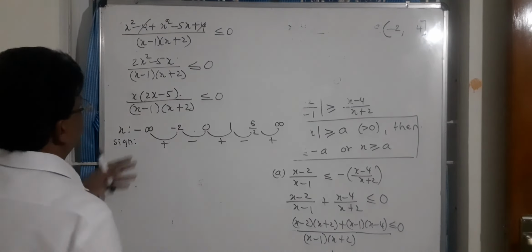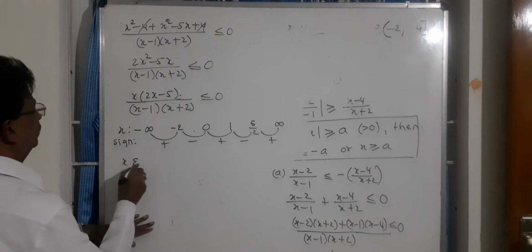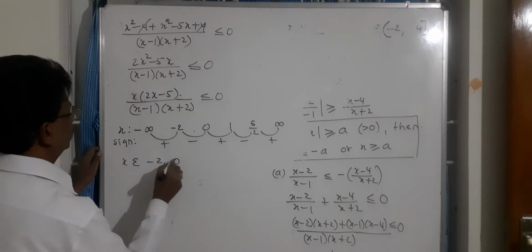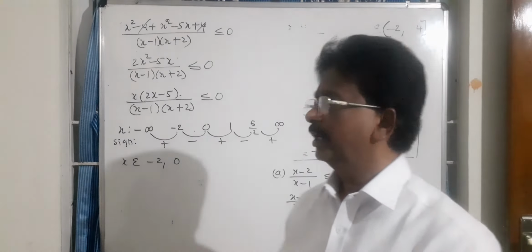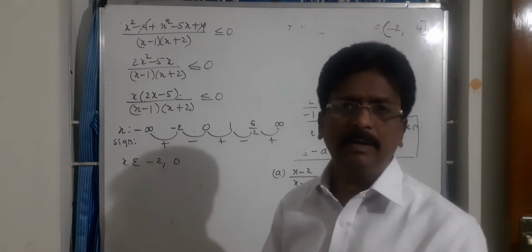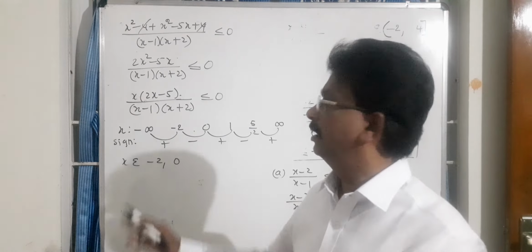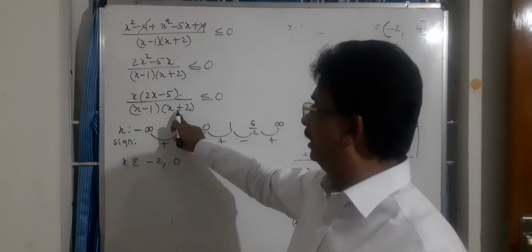So in this case, x belongs to the interval minus 2 to 0. What type of brackets should be used here? Equality is there, so 0 and minus 2 may be included. But if you include minus 2, then the denominator will become 0. So minus 2 should not be included.